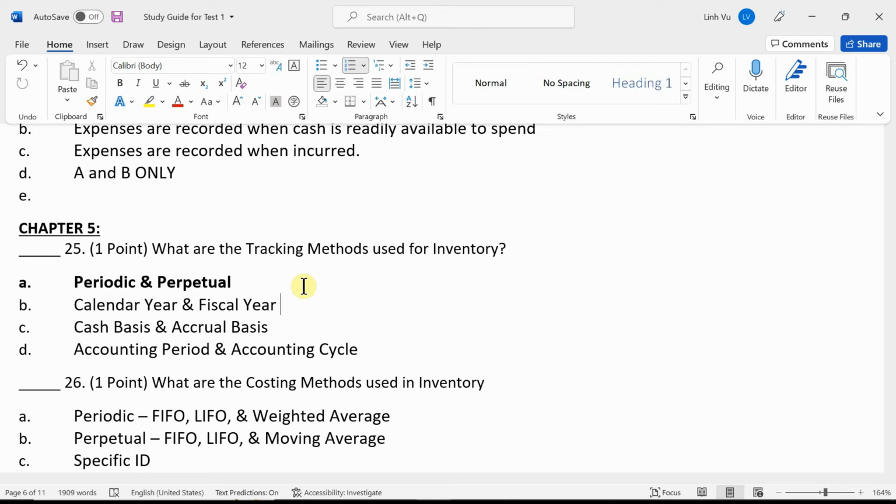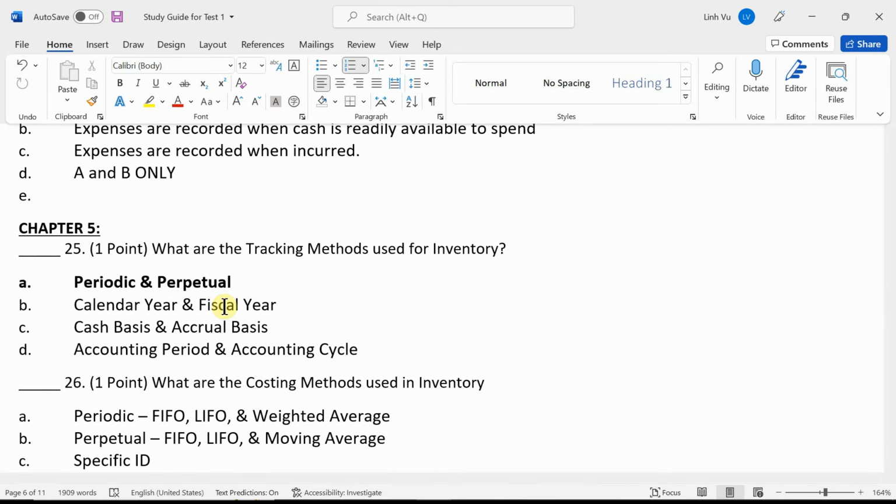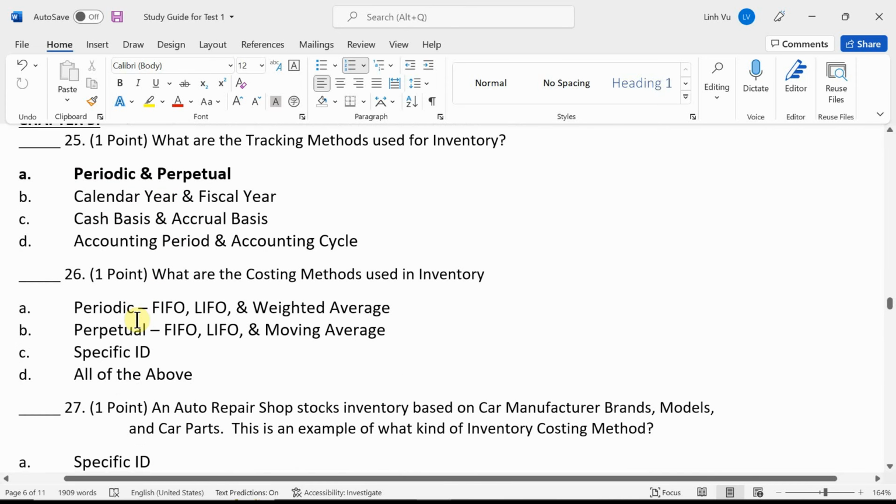You use it strictly for inventory only, okay? Calendar year and fiscal year, right? That just determines when you're gonna choose to start your accounting period, but also for tax purposes, right? When are you going to file your taxes? Cash basis versus accrual basis is how you're going to keep track of your money, not inventory. Okay, and so on and so forth.